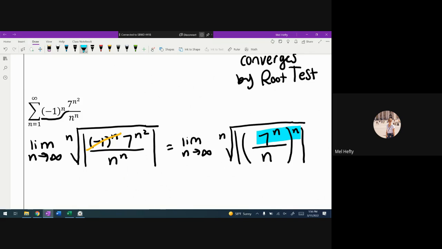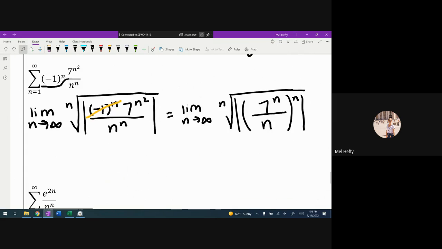Is that right? Yeah, because what do I do to those exponents? Multiply them. A lot of people want to put 7 squared, but that would give me 7 to the 2n instead of n squared. So you've got to multiply those exponents, 7 to the n. Nice, Griffin. All right, so I'm going to cancel this root with this power.